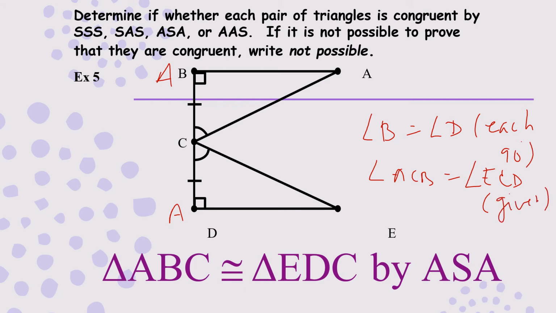And the third one, BC is equal to DC, that is also given. So the condition followed here is angle, side, angle. We can clearly see the side is included. Two angles and an included side of a triangle are equal to the corresponding two angles and a side of another triangle, then the triangles are congruent.